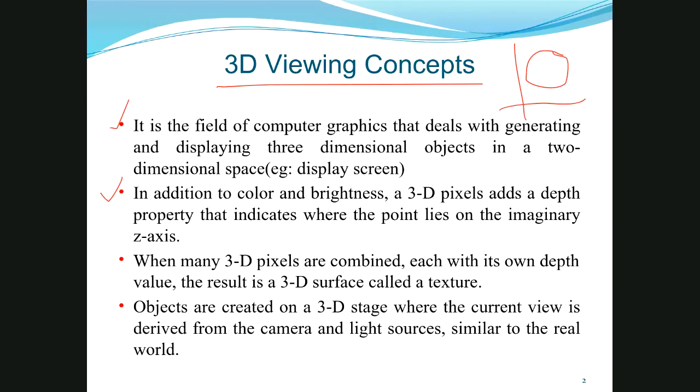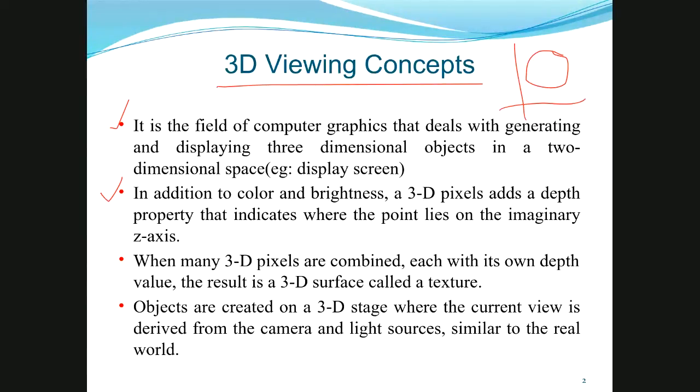Normally, to display three-dimensional objects, we use three-dimensional pixel color and brightness, that means including the three colors, red, green, blue, so that we can display very clearly where the point lies on the imaginary z-axis in three-dimensional viewing.